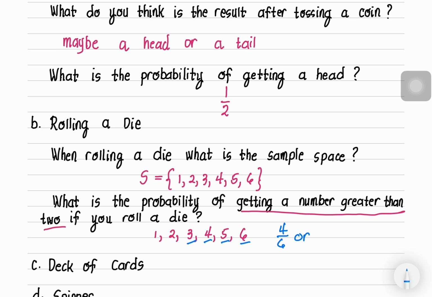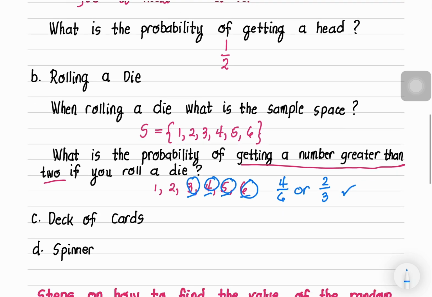Or, simply, 2/3, right? Pwede nating i-simplify pa. Tama? Okay. Very good. So, because there are 4 possible outcomes when we talk about getting a number greater than 2, the result can be either 3, 4, 5, or 6. Okay, which means 4 out of 6 can be an outcome. Okay, or 2/3. Gets? Okay, another example will be deck of cards, spinner.